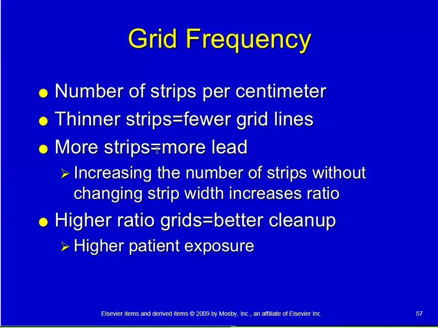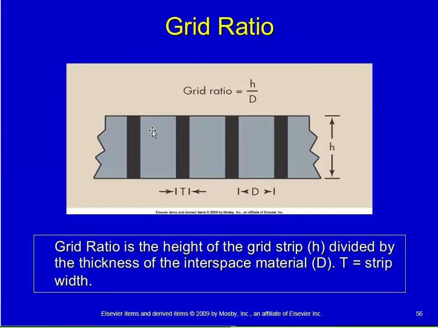So if you have more strips, you have more lead. Increasing the number of strips without changing the strip width increases the grid ratio. And what I mean by that, again, is if we just add more grid strips in between each one of these, then we increase the grid ratio.